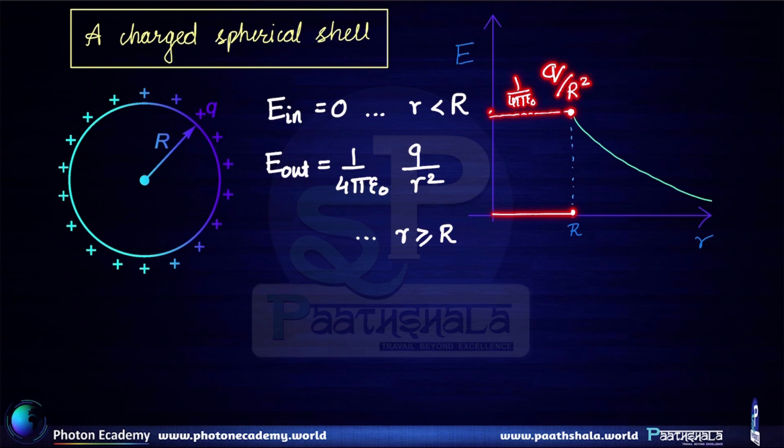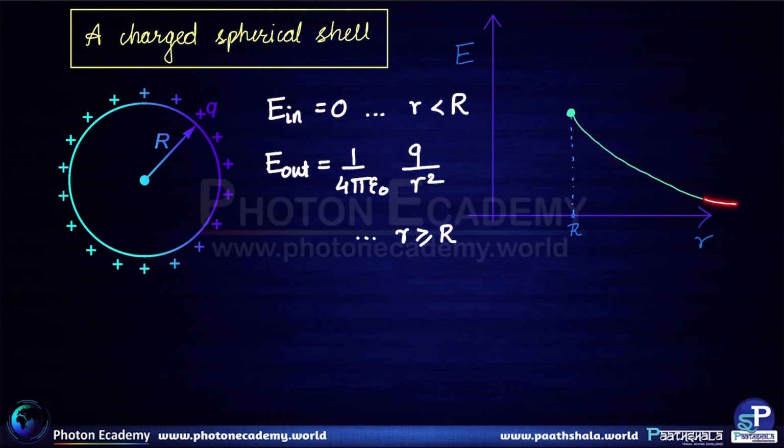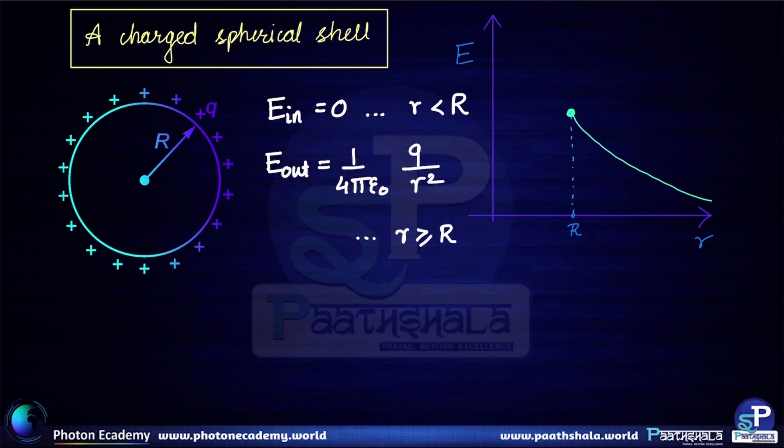This will be the value at this point. And after that, we get a decline, a decay like this, and at infinity it goes down to 0. So this charged spherical shell, when we are looking at points outside it, behaves just like a point charge. And for points inside the spherical shell, E inside is going to be equal to 0.